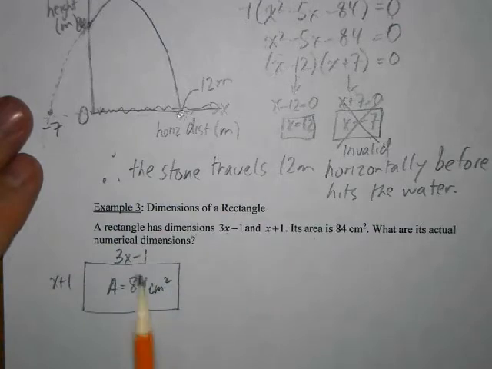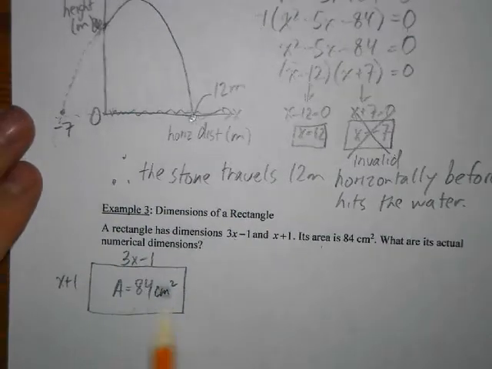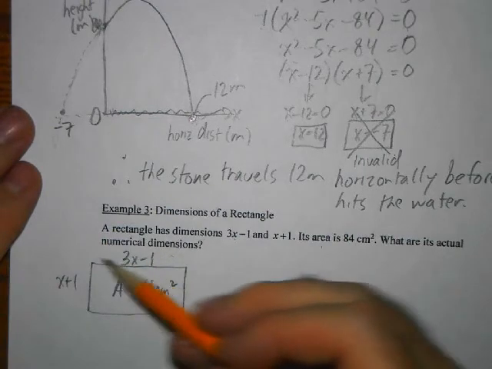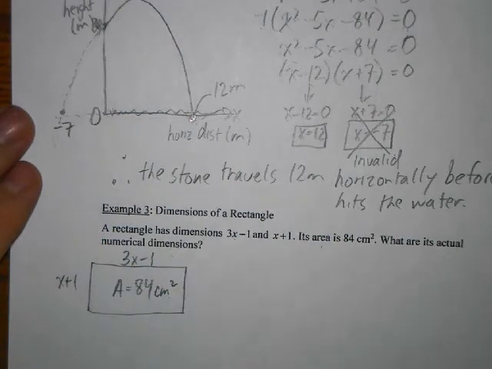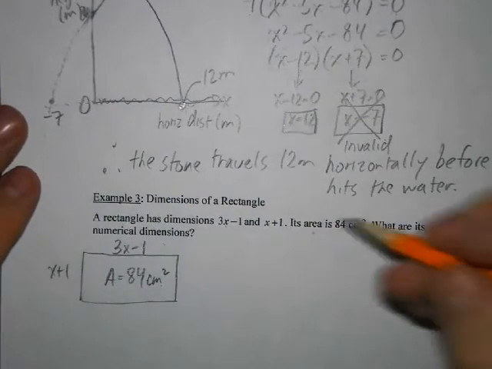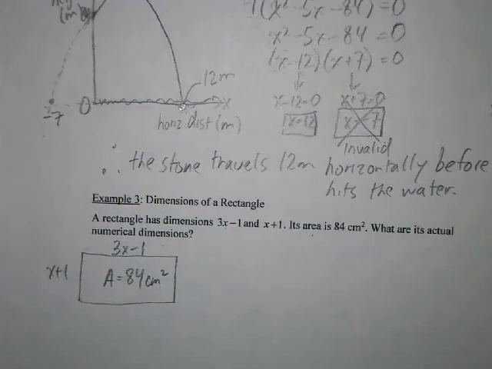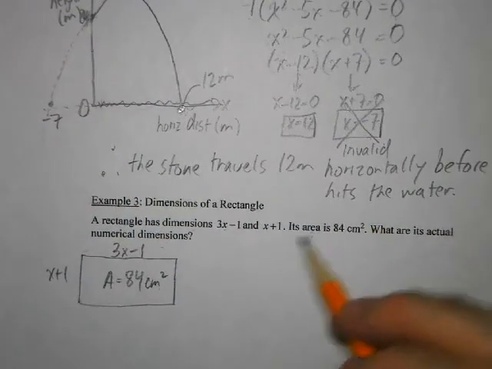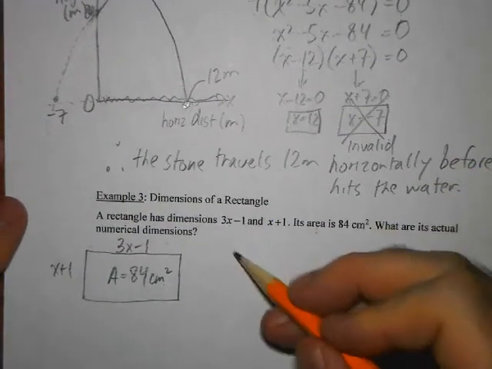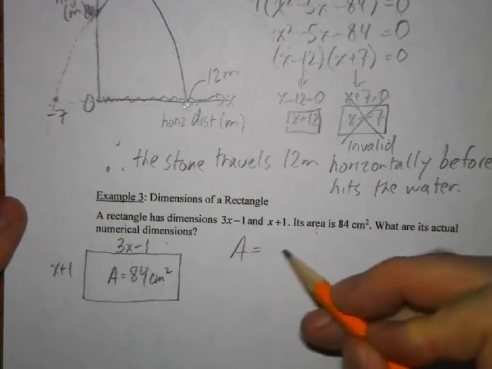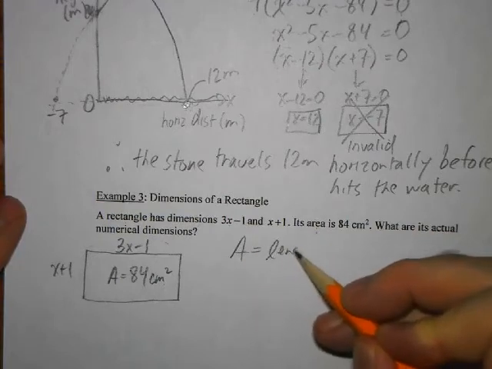Now in terms of units, they told us that the area was centimeters squared. So that tells us that the length and width are centimeters. So just something to take note of. Now how do we create a formula? So we've got area of a rectangle, right? What's the formula for an area of a rectangle? It's the length times the width.